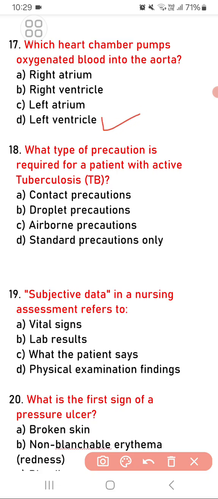Left ventricle. What type of precaution is required for a patient with active tuberculosis? Airborne precautions.